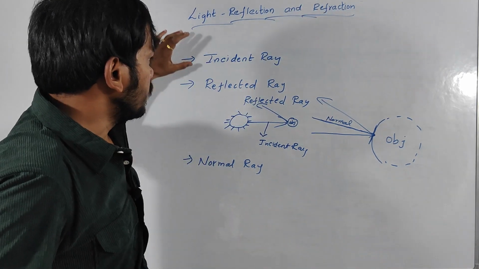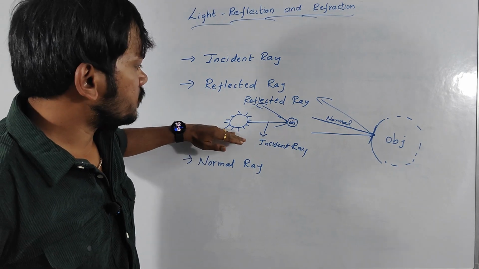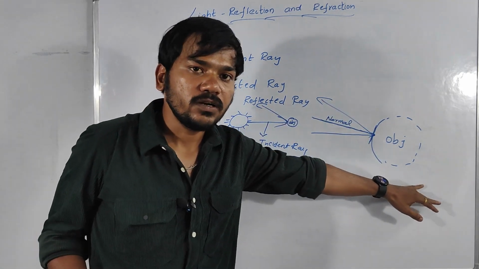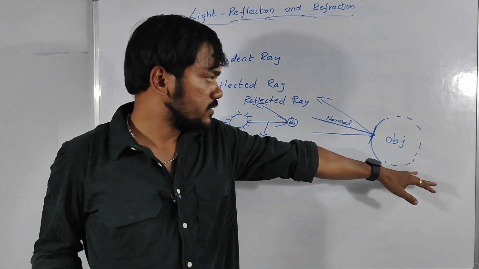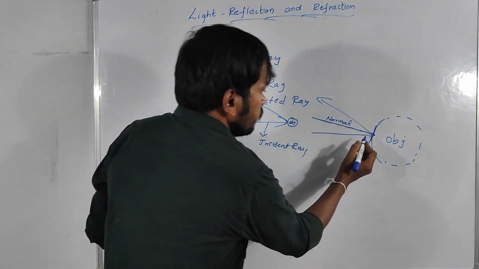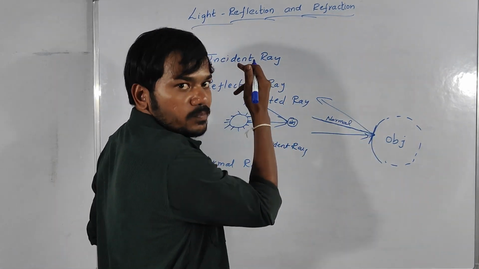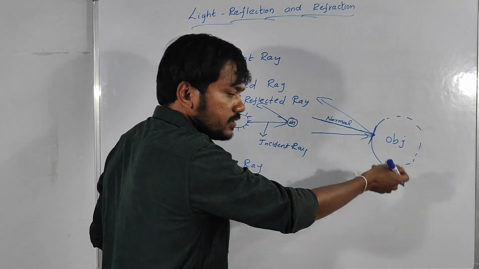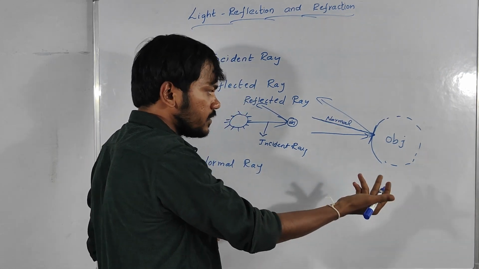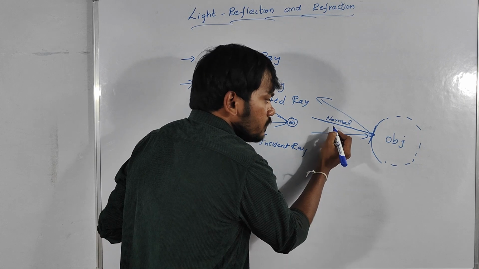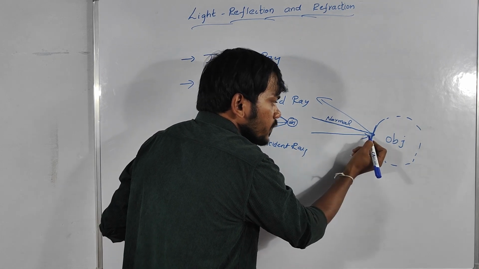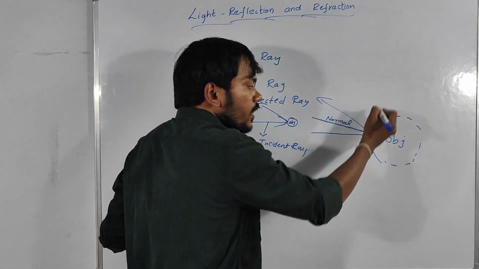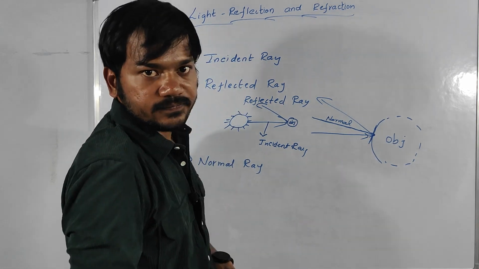Let us discuss again. The incident ray is that ray which comes from the source and falls onto an object. The reflected ray bounces back from that object, which is why it is called the reflected ray. And the normal ray is orthogonal or perpendicular to the plane of contact.